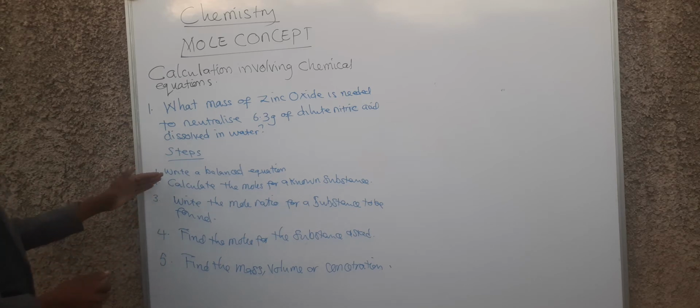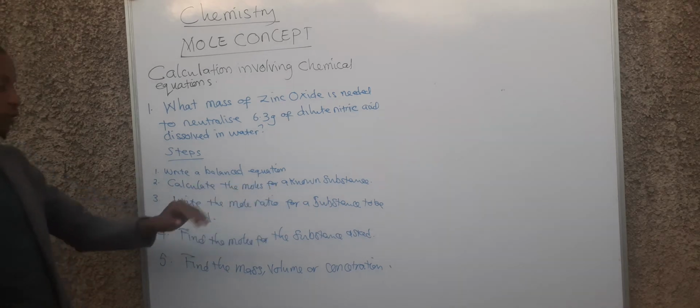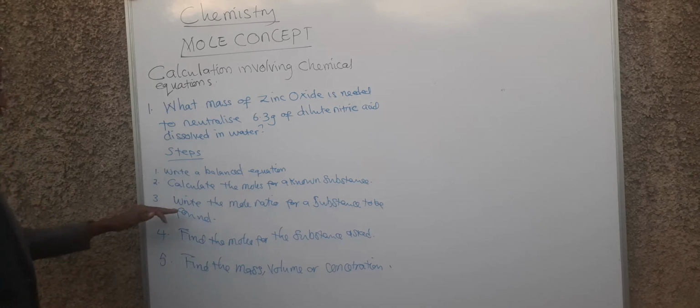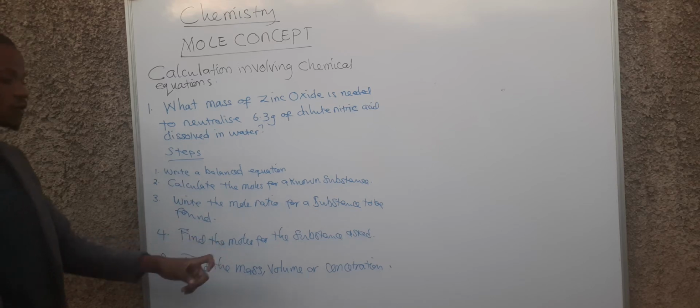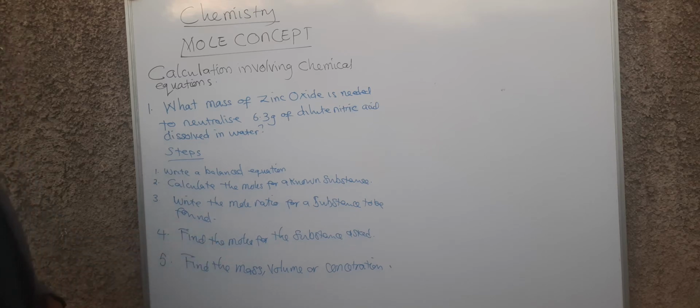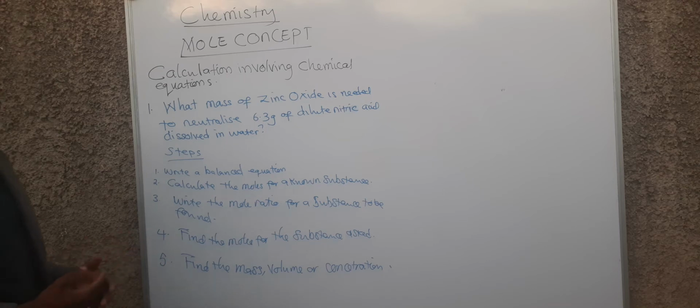Step 1, write a balanced chemical equation. Step 2, calculate the moles for a known substance. Step 3, write the mole ratio for a substance to be found. Then you find the moles for a substance which has been asked. Then the last one is finding the mass or volume or concentration depending on the question.